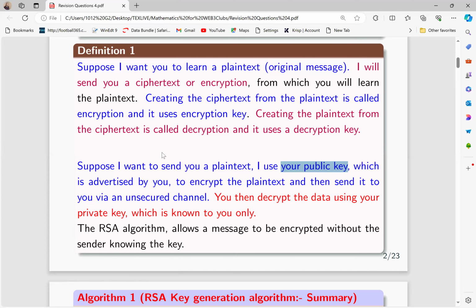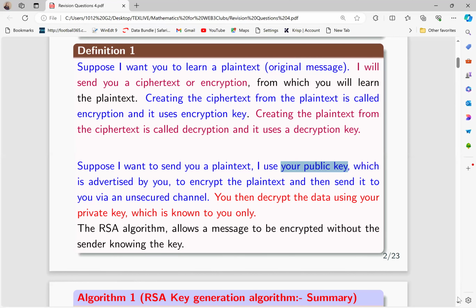Now, the person who sends you a message does not prepare any key. That one just uses your public key, encrypts the message, and then sends it to you. Then you decrypt that message using your private key. The private key is the one that will be used in decrypting the message.